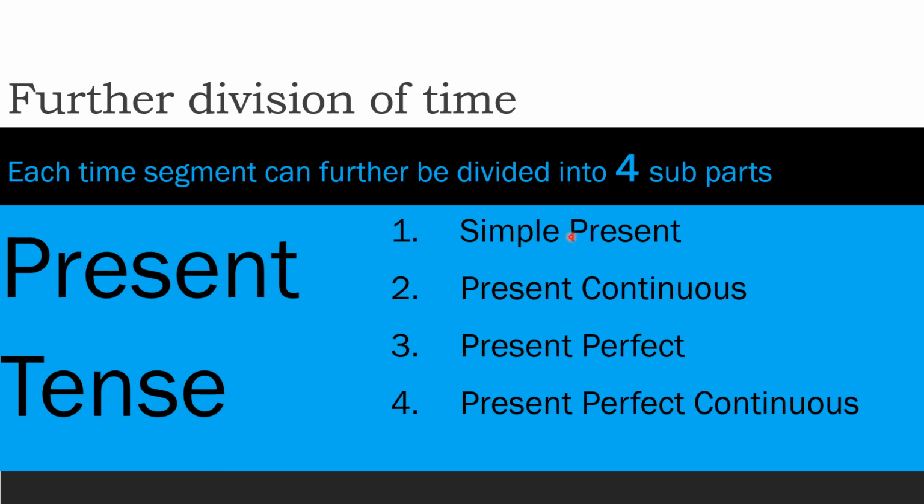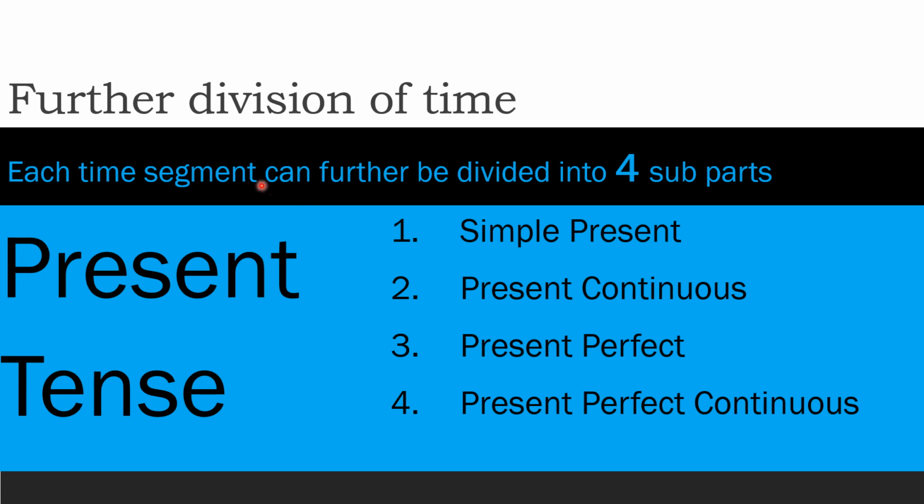We say simple past, then it becomes the subpart of the past tense. Then we say past continuous, past perfect, and past perfect continuous. So we make four of the past and similarly four of the future. So four of present, four of past, four of future. Total turn out to be 12 different subparts of the time. So that are called tenses, right?